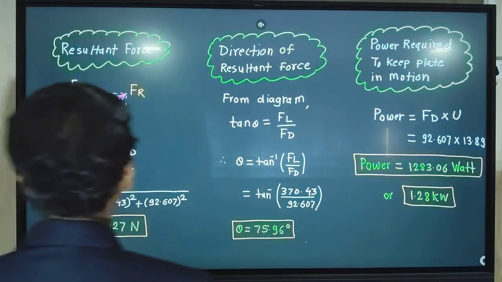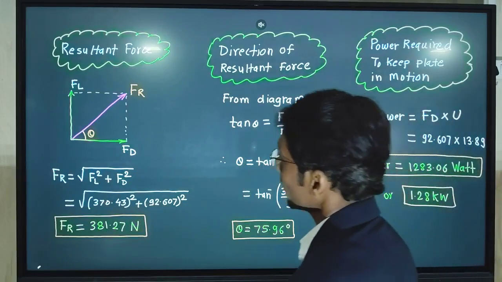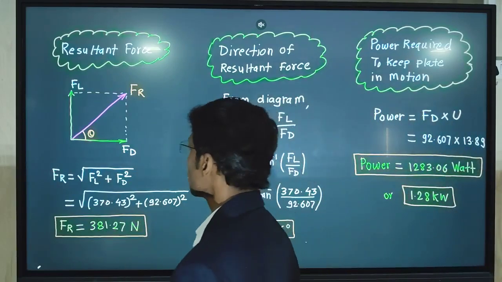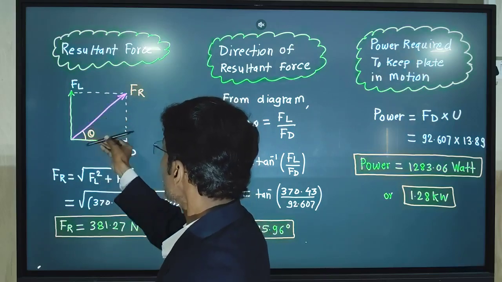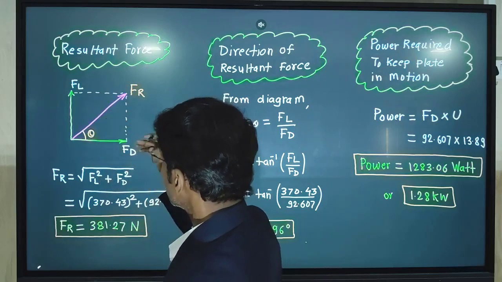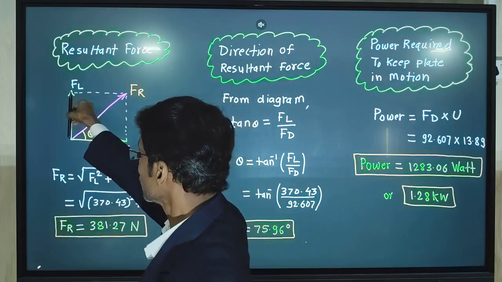To calculate the resultant force, we use the value of lift force and drag force, because here we can use the Pythagoras theorem. So here we can see this is a horizontal force, drag force, and vertical force FL.